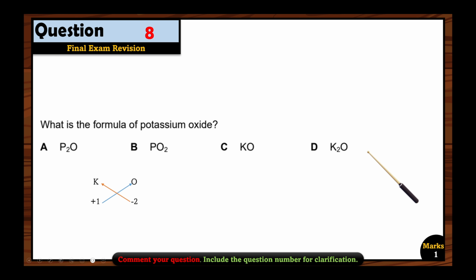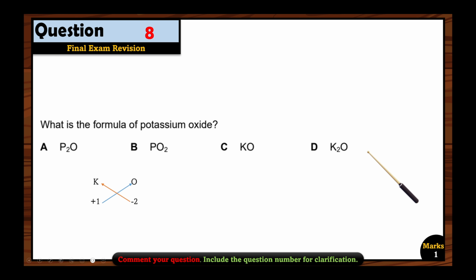So I already told you that if the group number is greater than 4, then you can find the oxidation state by 8 minus group number. So 8 minus 6 is equal to 2. Okay, so oxygen has -2 charge, right? So this is the oxidation state. Now when they cross each other, what you will get? You will get K2 and O1. So where we can find K2O1? It is option D. So option D is the right option.